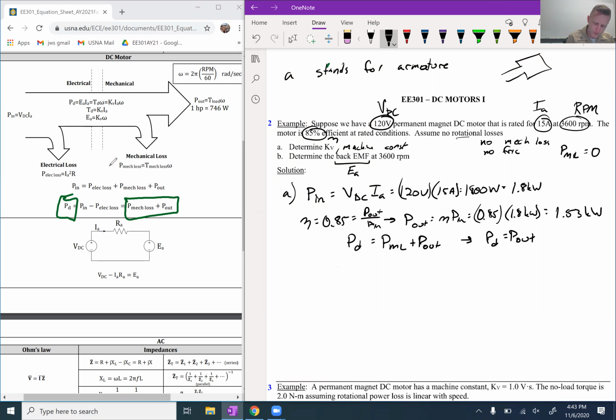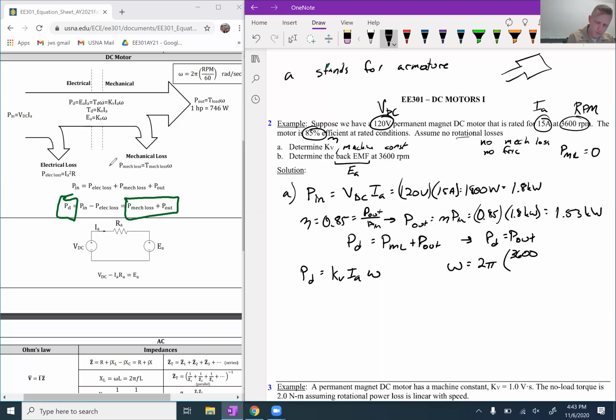So I look at what else do I know? I know that the power developed equals KV IA omega. Do I know omega? Not quite. I do have the RPM, so I can get it. Omega equals 2 pi times 3600.